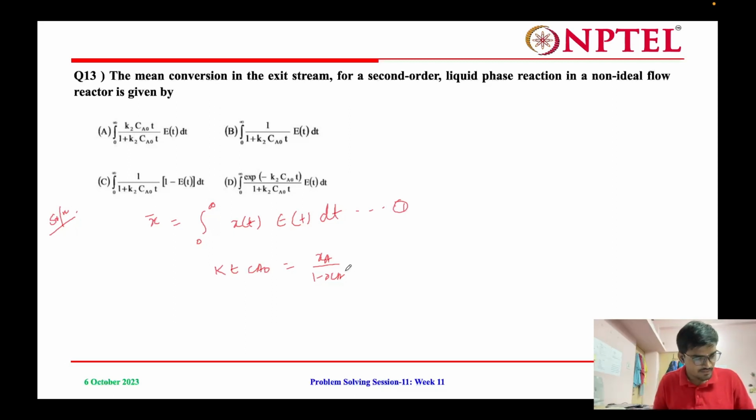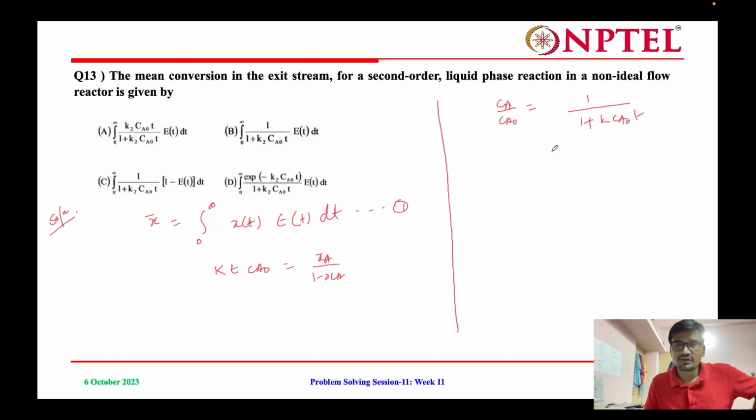Now for non-ideal flow reactors with second order reactions, Ca equals Ca naught divided by 1 plus K Ca naught t. So this is for second order reactions in non-ideal flow.